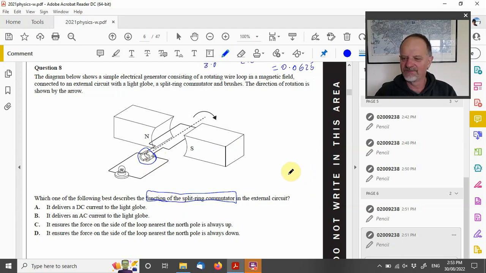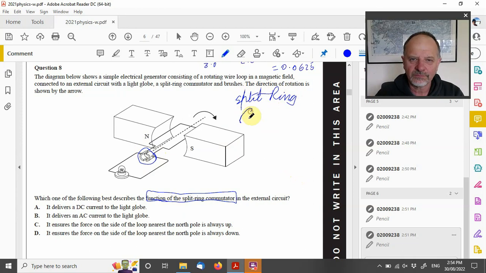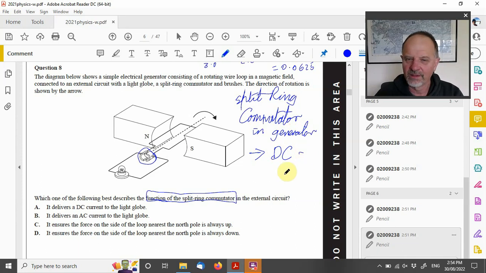The fundamental purpose of a split ring commutator in a generator, which is what this is, is to give DC output.